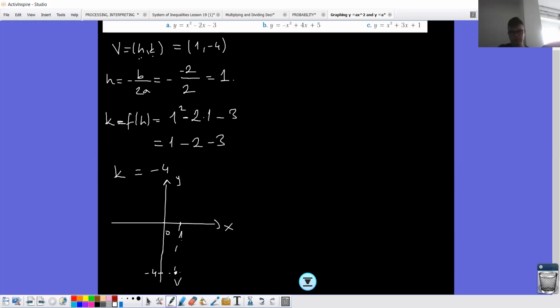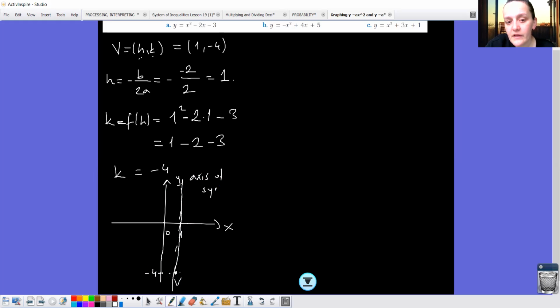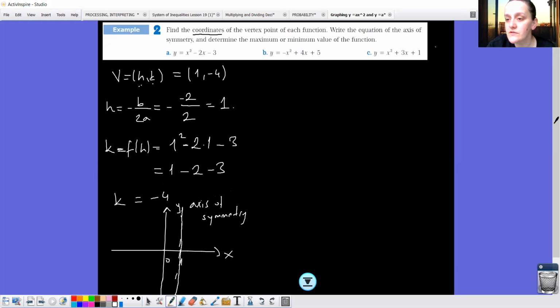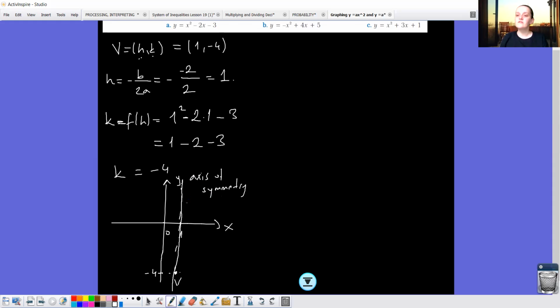And this line that passes through the x coordinate of the vertex point is the axis of symmetry. And how can we write this one? The question says write the equation of the axis of symmetry, because it is only one line that passes only through 1 on the x-axis. This is x is equal to 1. This is the equation of the axis of symmetry, okay? x is equal to 1.